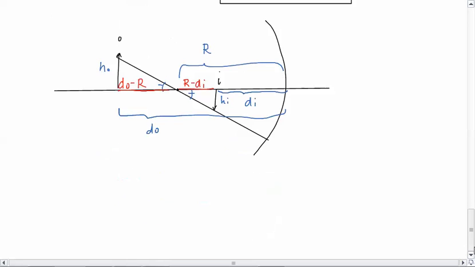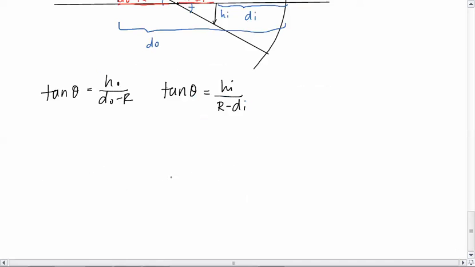So I'm going to do the same thing with the tan. The tan of theta would be HO over DO minus R, and tan theta for the other triangle is HI over R minus DI. Again, tan theta is equal to tan theta. So HO over DO minus R is equal to HI over R minus DI.